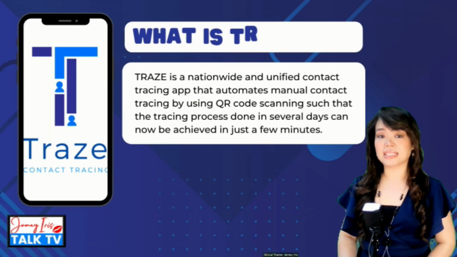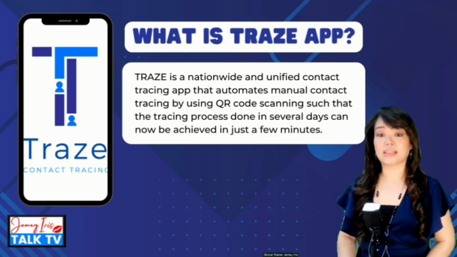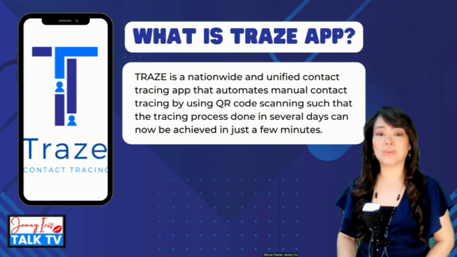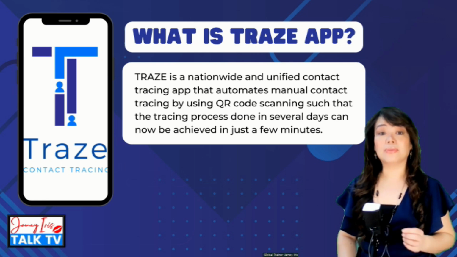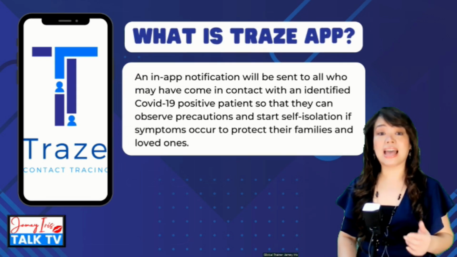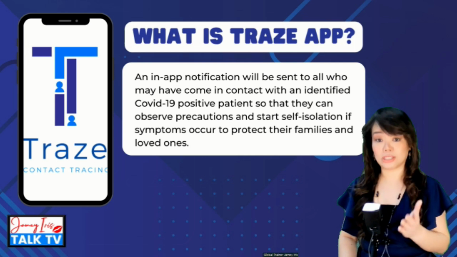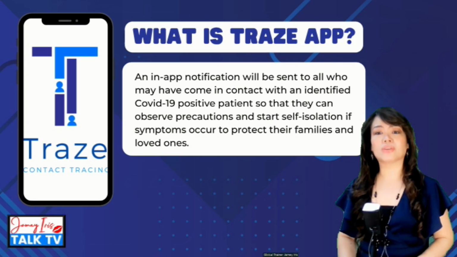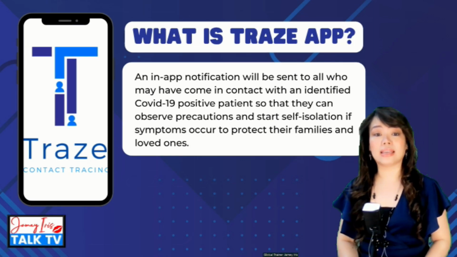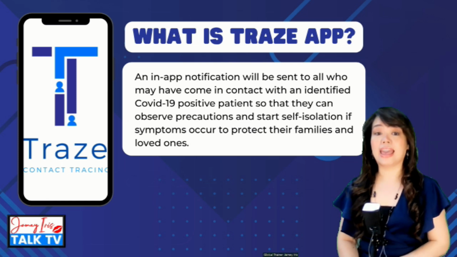Now, Traze is a nationwide and unified contact tracing app that automates the manual contact tracing by using QR code scanning, such that the tracing process usually done in several days can now be achieved in just a matter of a few minutes. What usually will happen is an in-app notification will be sent to all of you who may have come in contact with an identified COVID-19 patient, if there is any.